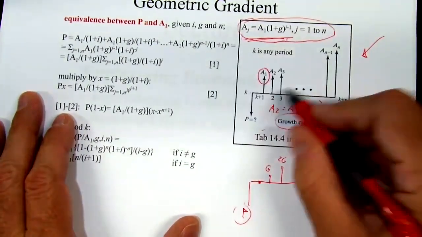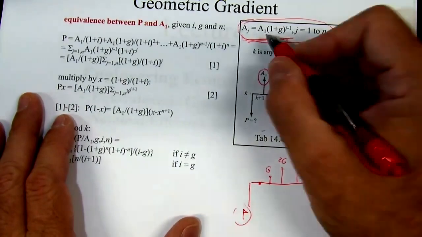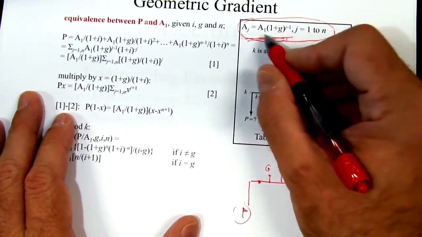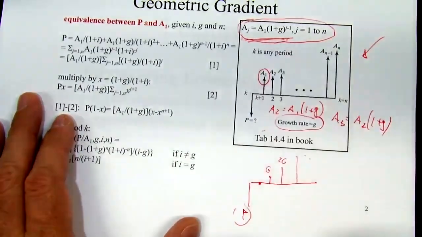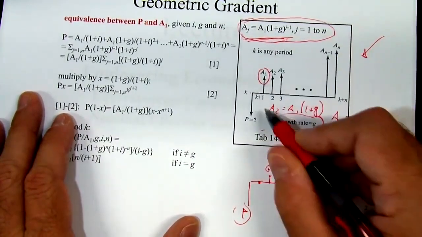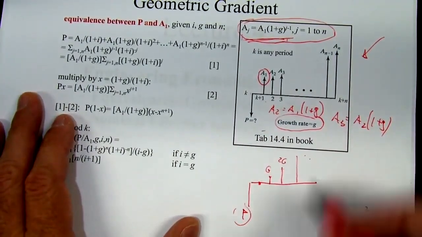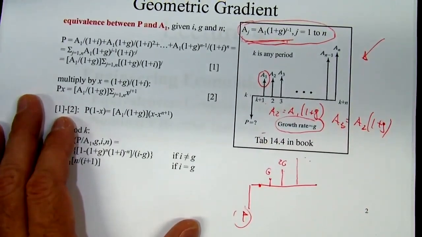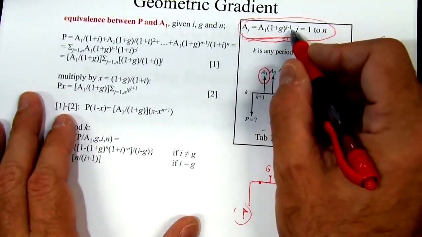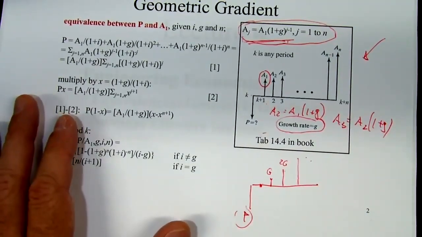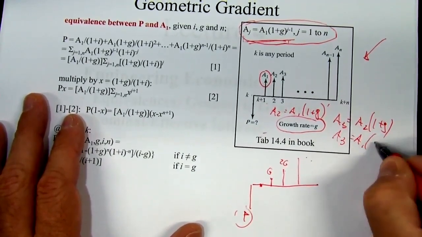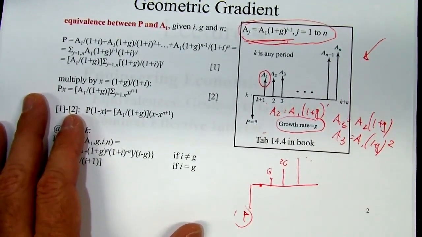Every arrow part of the gradient, other than the first one, A1, will be calculated with this formula: A1 times (1 plus the growth rate) to the power of j minus 1, where j is the period to which the arrow refers. In this case, A2 would be j equals 2, and A3 will become A1 times (1 plus G) to the second, if you do the math. It's consistent with that.